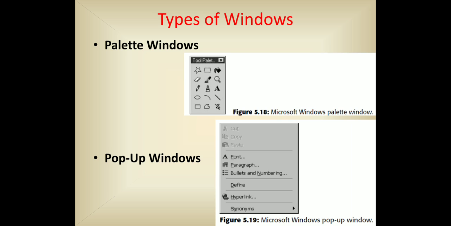So the next types of windows that we have are the palette windows and the pop-up windows, right? Palette windows are basically used to present a set of controls, like you have seen in the paint application there, wherein the designs are resizable, and alternatively the designs are fixed in size, right?